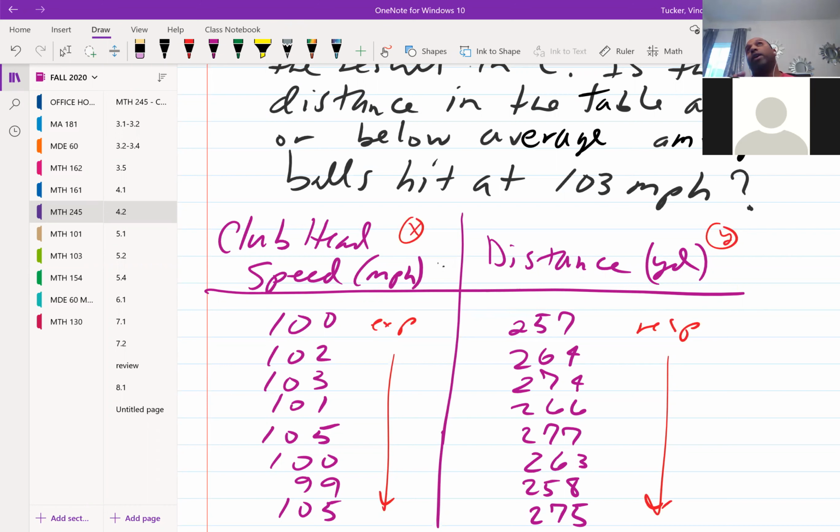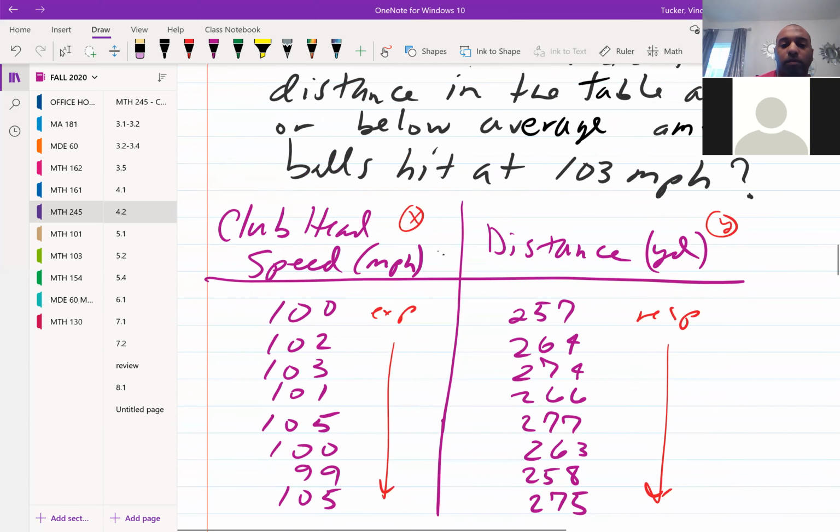And before, remember, we found the correlation coefficient between the two data sets, but this time we will find the regression line. Like I said, it's the same data set. Let's do this.